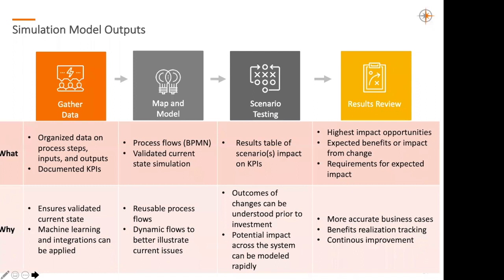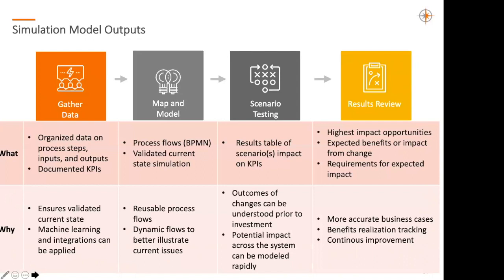From there, you go into scenario testing, where you're getting a results table of the scenario impact on the KPIs that you've identified. This allows you to understand the outcome of potential changes or scenarios that you're running through the model prior to investment or prior to them happening.